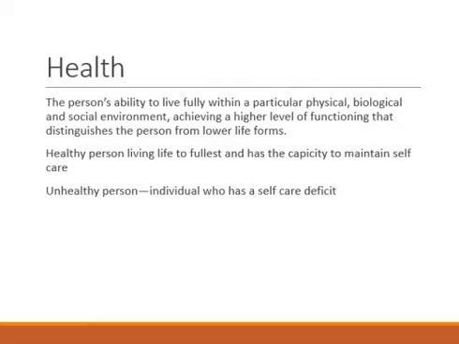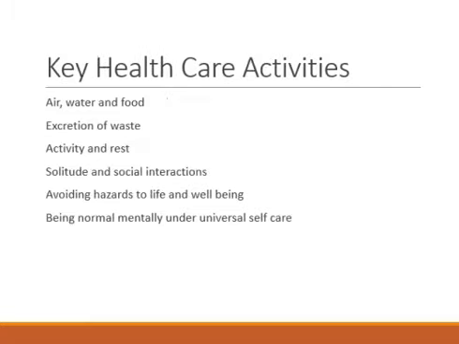So if they're unable to carry out any of those 6 different things on their own, they typically fall into that category of unhealthy person under this model. Like I said, those are all the key healthcare activities that I just listed. There's 6 different ones. It's just there for you as a slide if you need it.